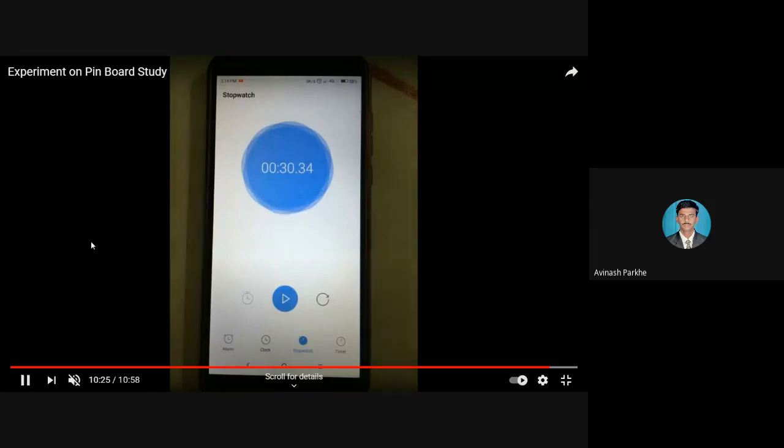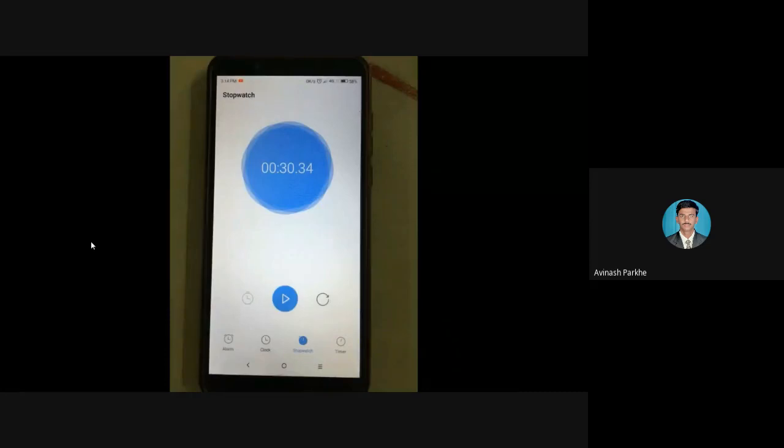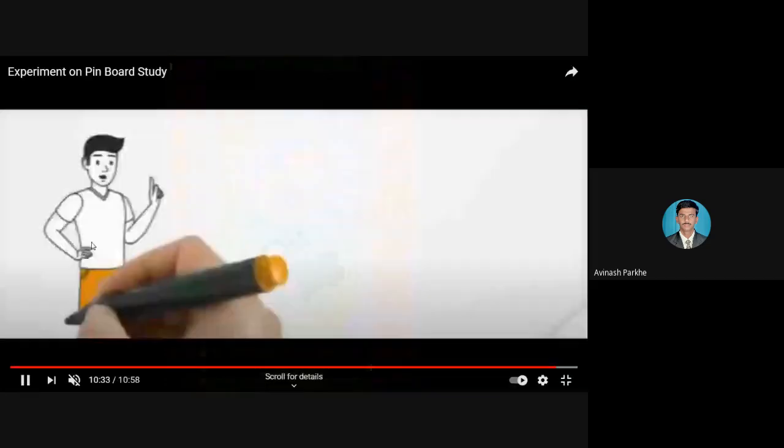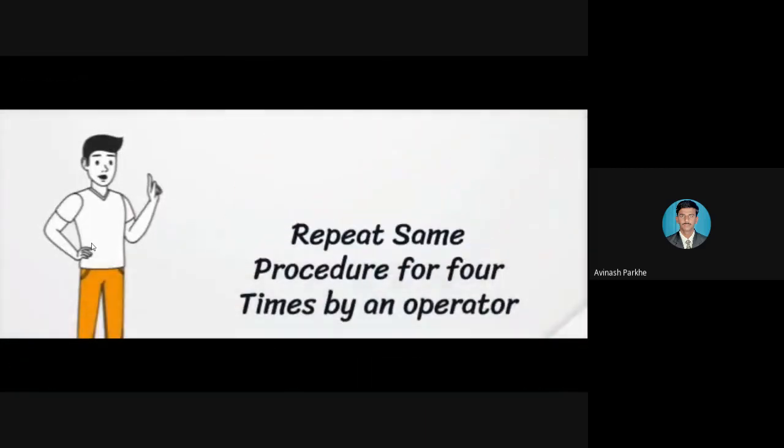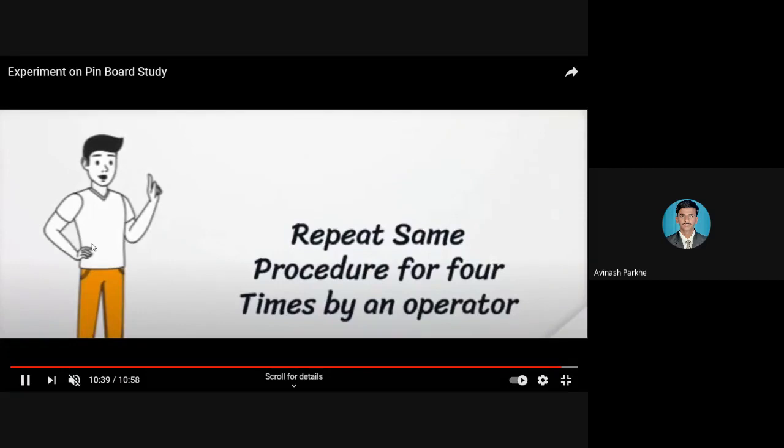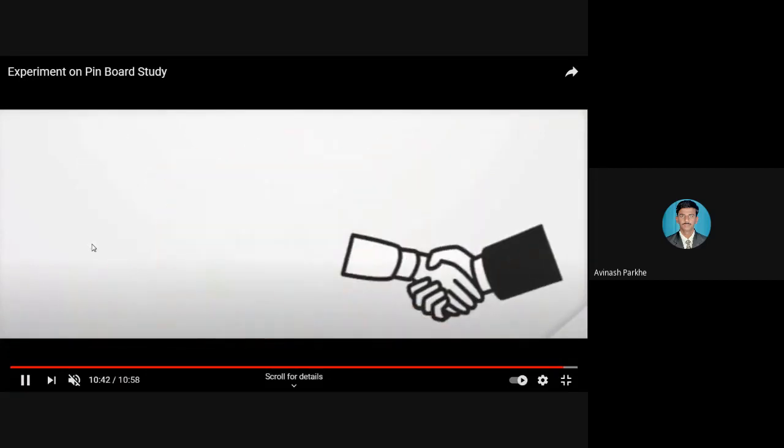So this is related to the pinboard study experiments. It is a simple experimentation: one board, a number of pins. Again, you have to repeat case number 5 once more. You have to take the average at the end.